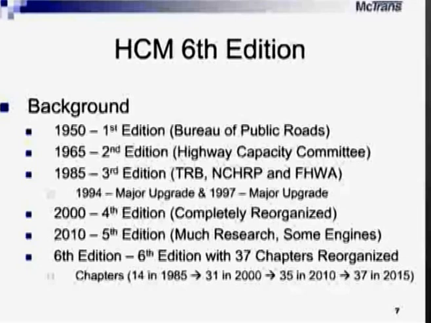That all changed in 1985. 2 or 3 things happened in 1985. First, NCHRP, the National Cooperative Highway Research Program, and the Federal Highway Administration funded research leading up to the 1985 manual, and the Transportation Research Board took this over.